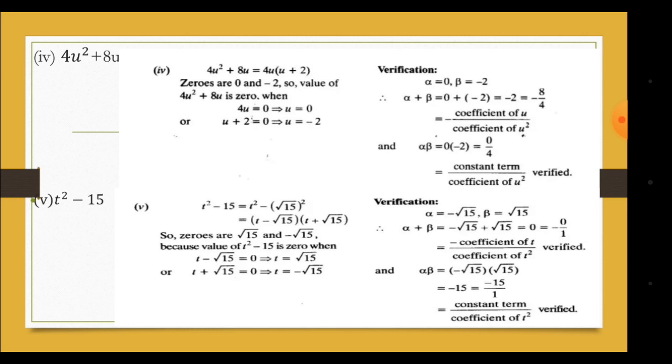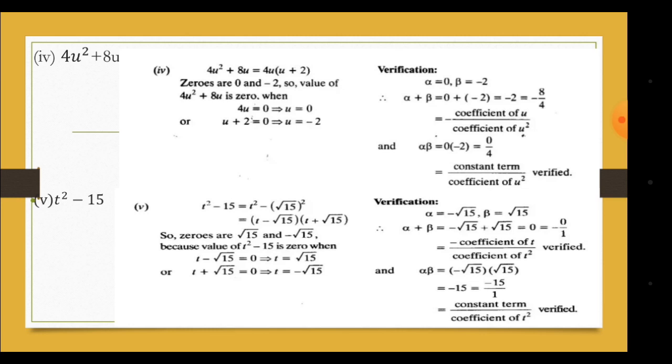Whatever term is missing in the polynomial, we can take that term as 0. So here constant term is missing, hence constant term is 0 here. So value of C is 0. Now see, first relation, alpha plus beta, sum of zeros is equal to 0 plus of minus 2, that is minus 2, and that minus 2 we can write as minus 8 upon 4.